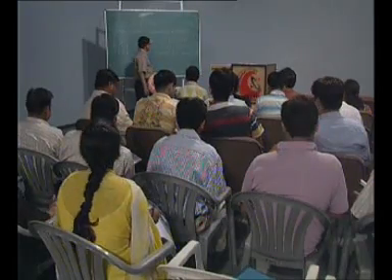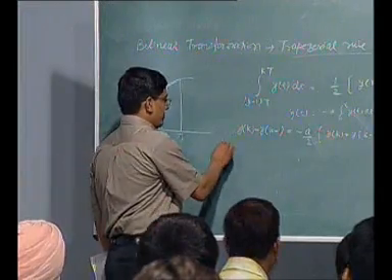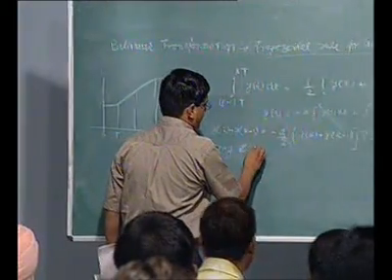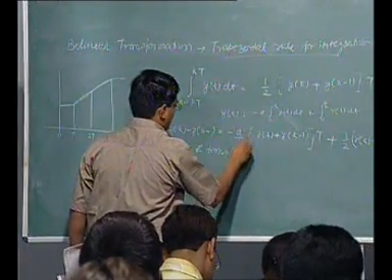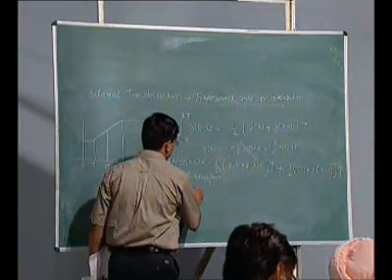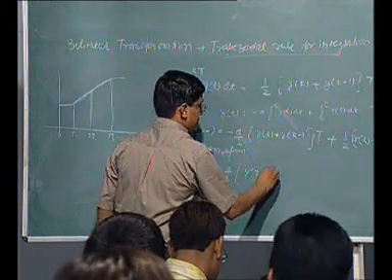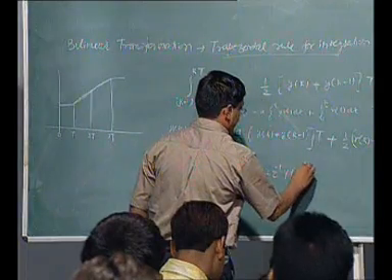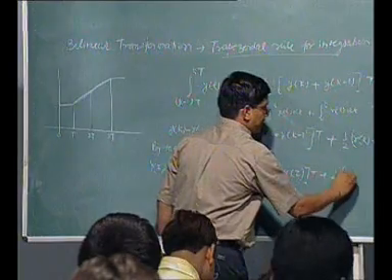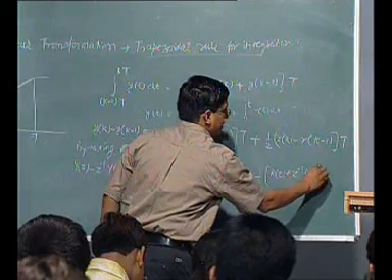This is bilinear. Now take the Z transform of this equation. I can write Y(z) minus z inverse Y(z) equals to minus a by 2 (Y(z) plus z inverse Y(z)) into T plus half (R(z) plus z inverse R(z)) into T.